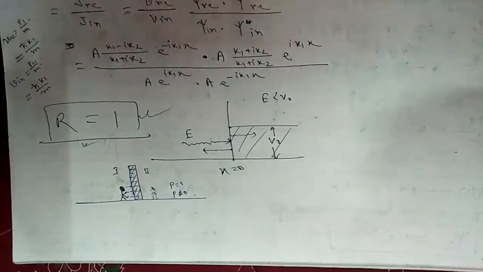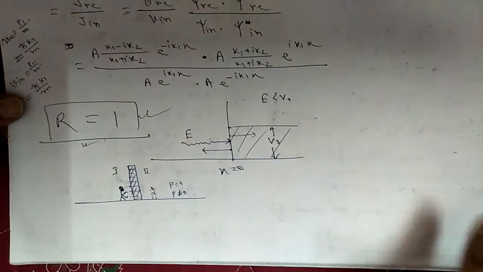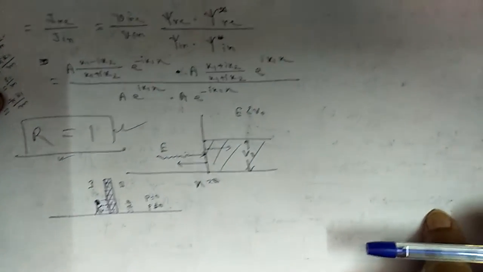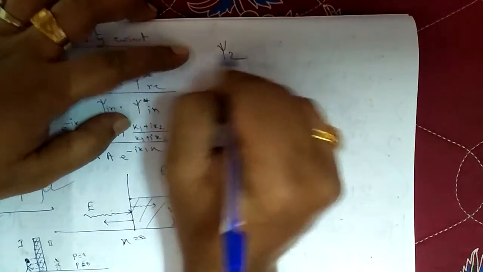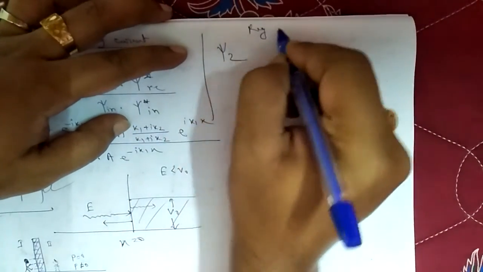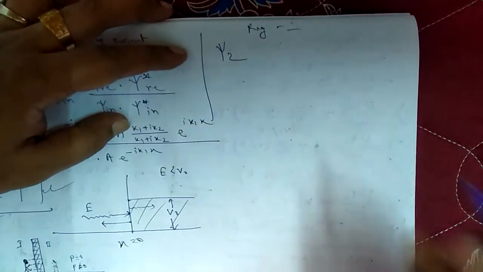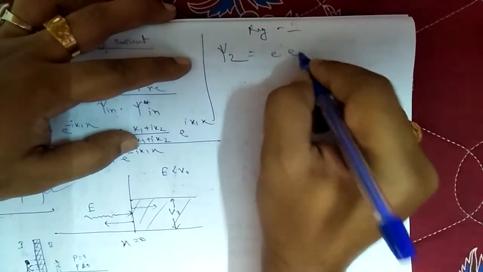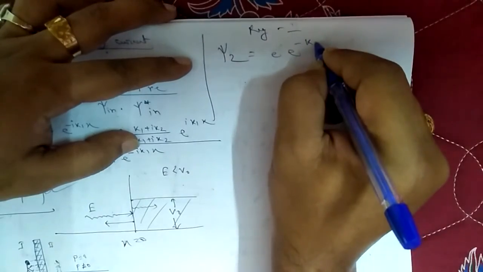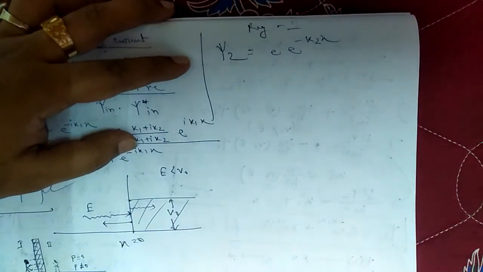Let us examine it mathematically from this equation. From region 2, we got the value of psi 2. What was the value of psi 2 for region 2? For region 2, we got psi 2 as c e to the power minus k2 x.